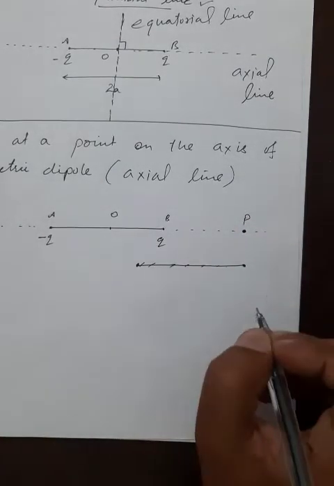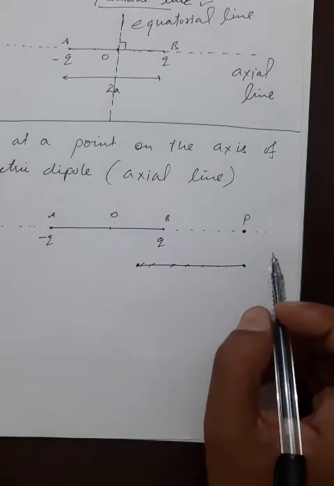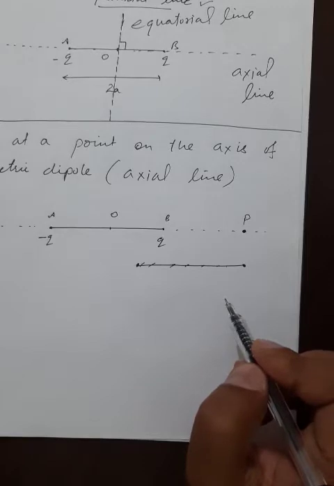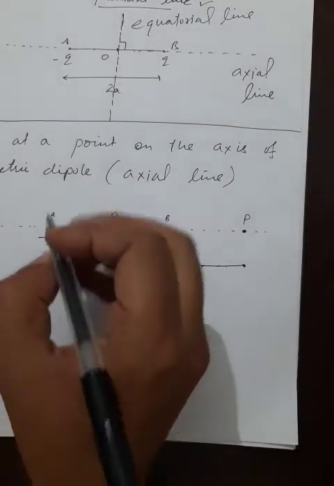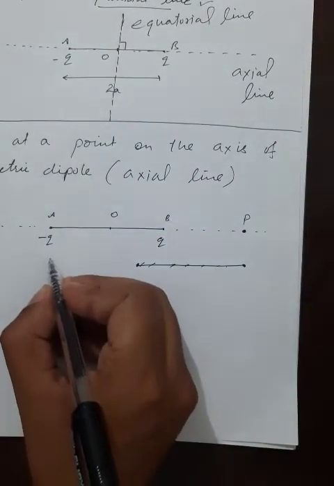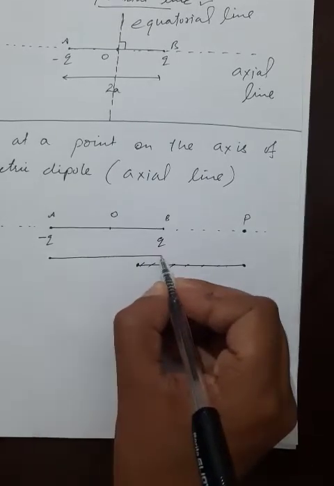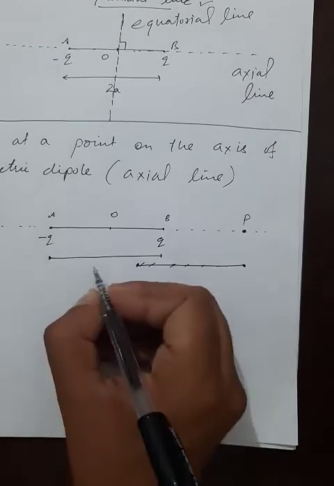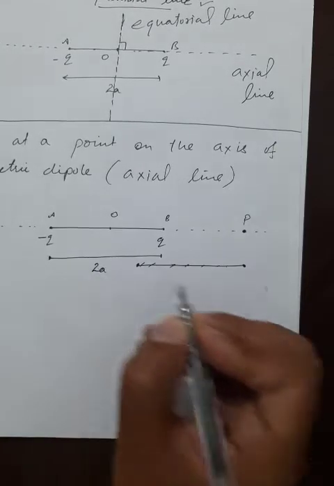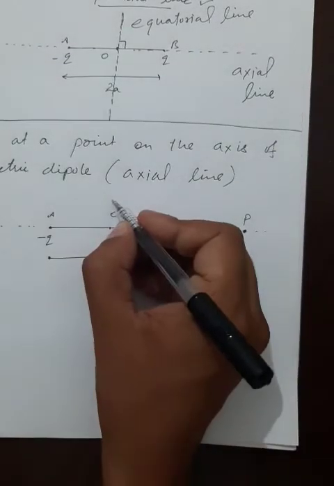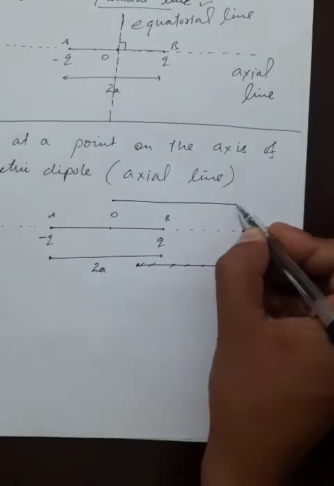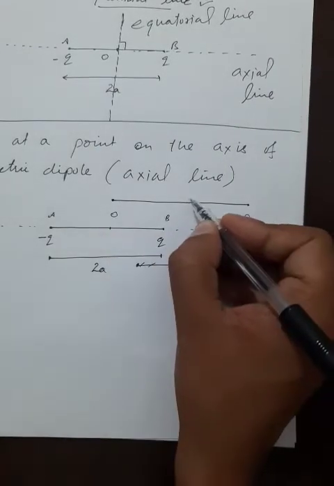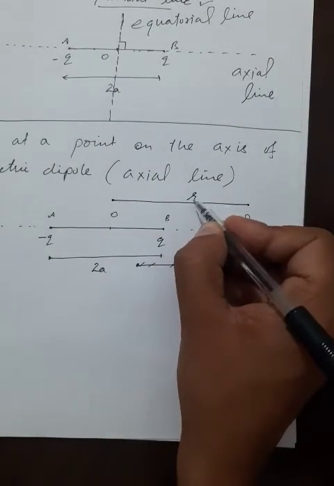So at point P, which lies on the axis of the electric dipole, we want to find the electric field intensity, say E vector. Now, the separation between the two charges of the electric dipole is 2a, and the distance of the point from the center of the dipole where we want to find the electric field intensity is say r.